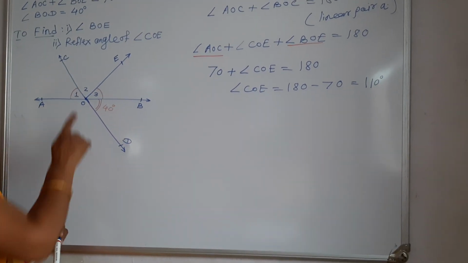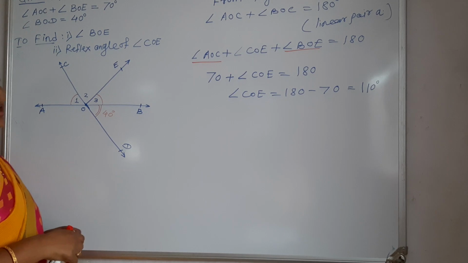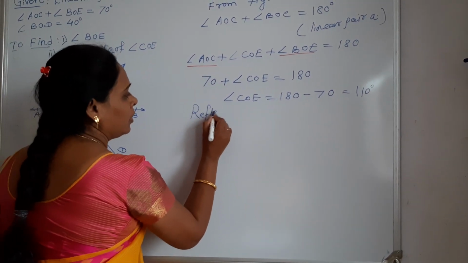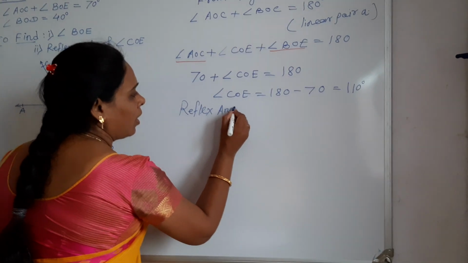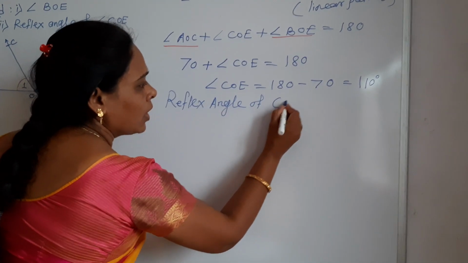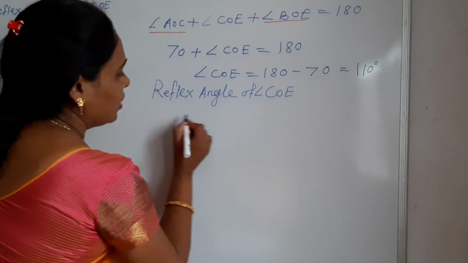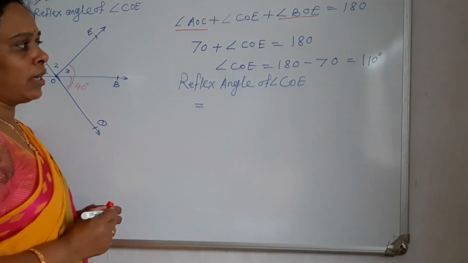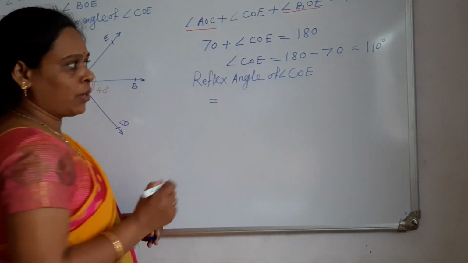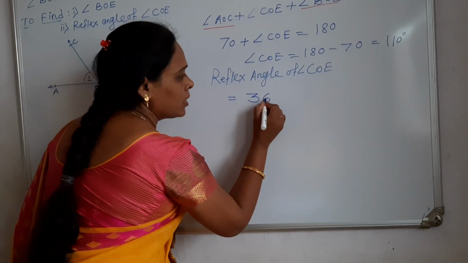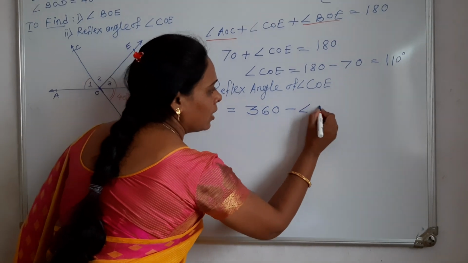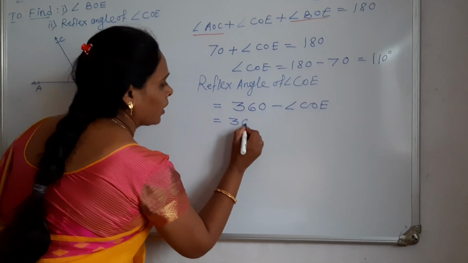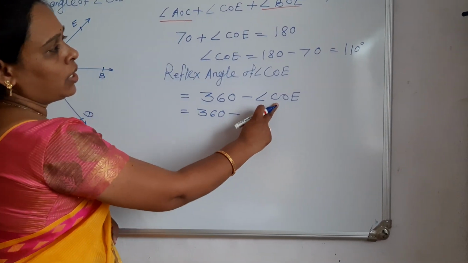But you have to find the reflex angle of COE. To find the reflex angle of any given angle, we have to subtract this angle from 360 degrees, means 360 minus angle COE.